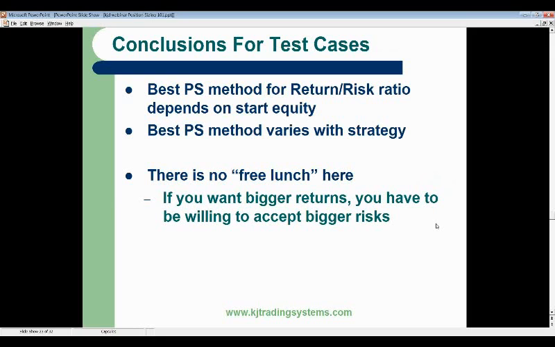So just looking at all this data, and I've probably gone through it pretty quickly, but again, my point was just to kind of wet your feet with understanding position sizing and some of the things you can do with it. The best method for position sizing, if you're looking at just return to risk, really depends on your starting equity and also the strategy.